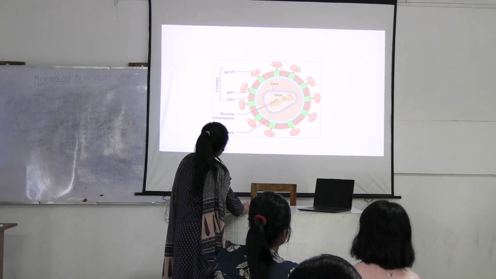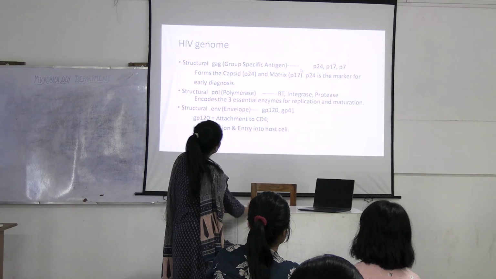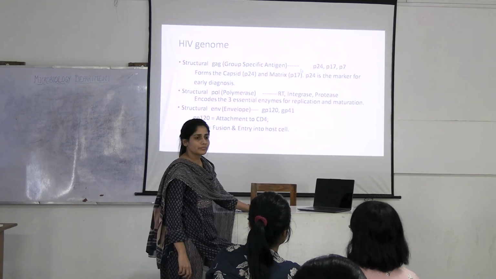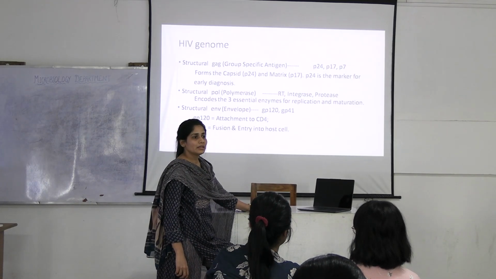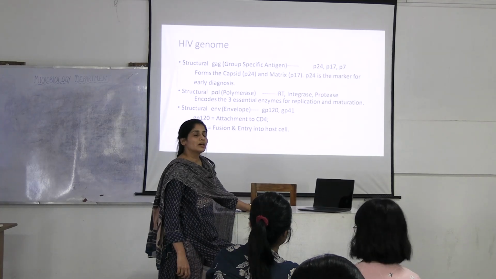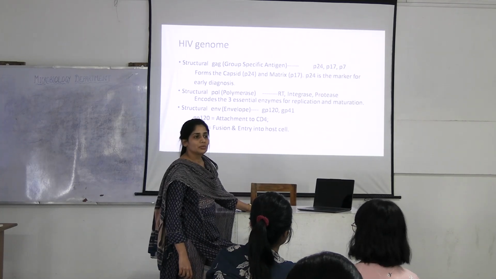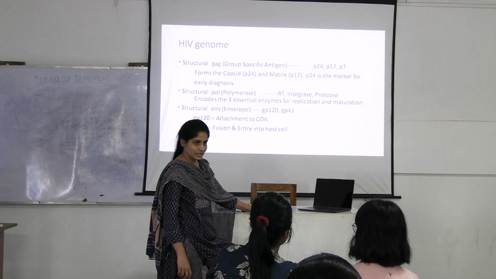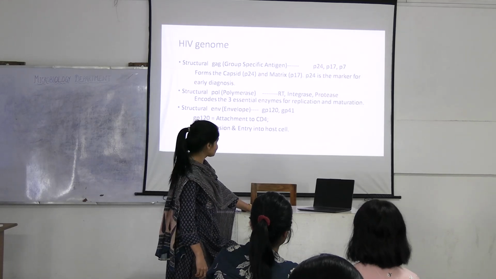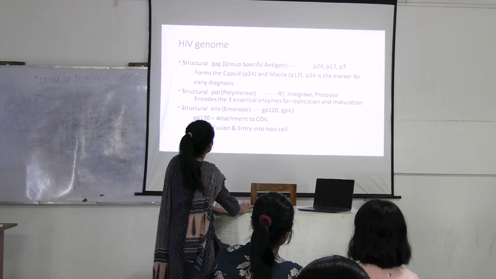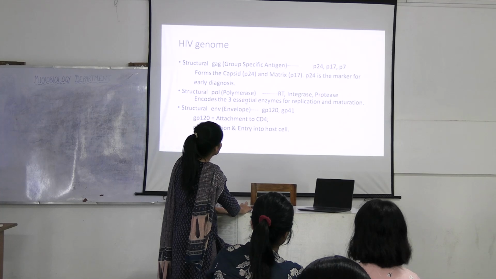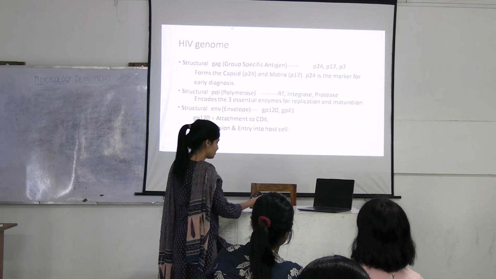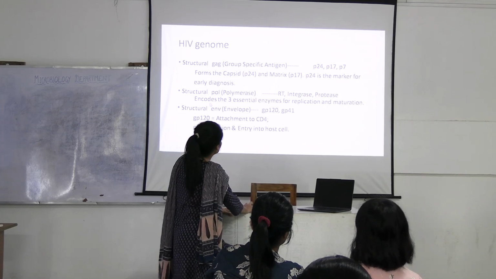Okay. Then what are the structural genes? GAG, POL and ENV. Classification into serotypes 1 and 2 depends on ENV. Okay. Then which of these are responsible for the enzymes for replication and maturation?